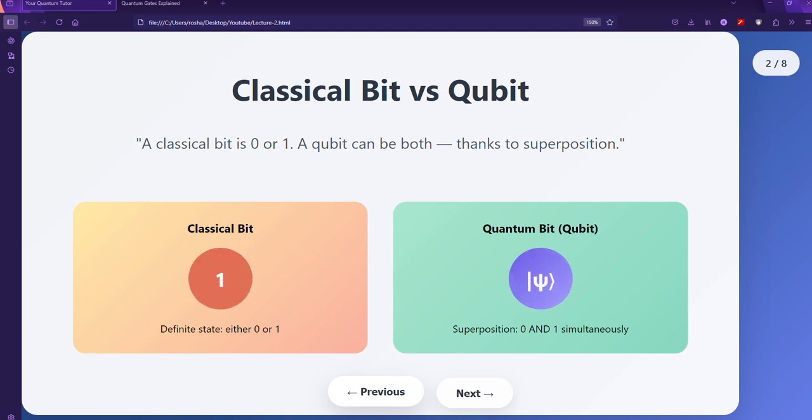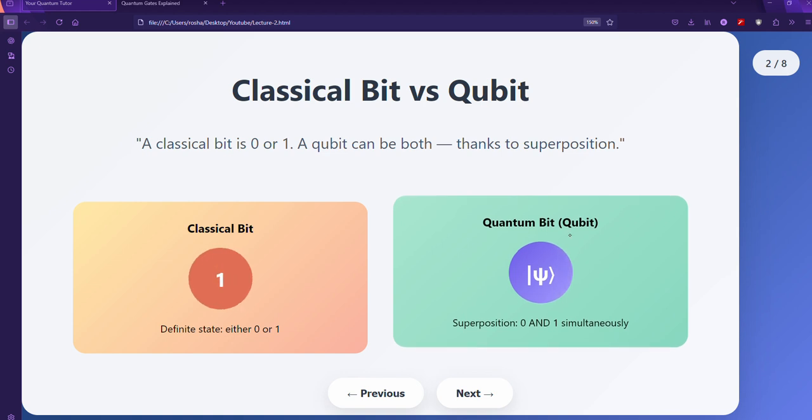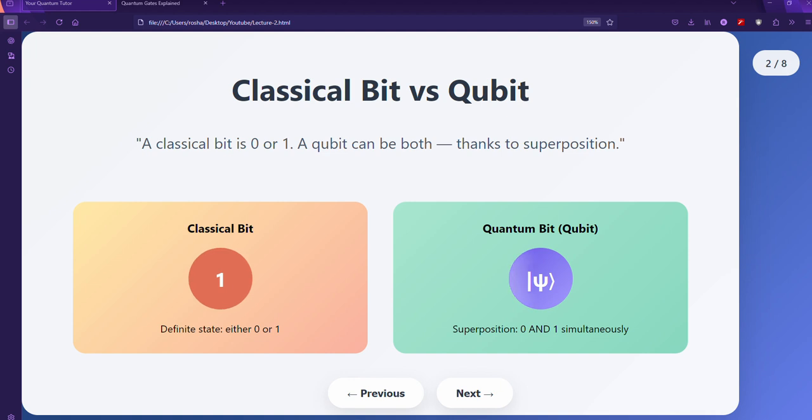In this lecture, I am going to discuss a clear understanding of classical bit and qubit. Classical bit can be either 0 or 1, whereas qubit is a superposition of 0 and 1 simultaneously.